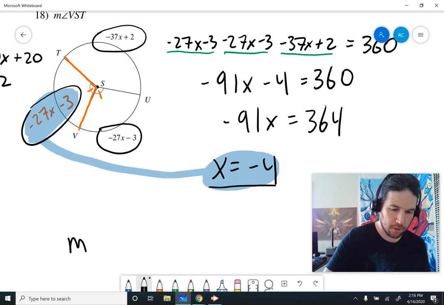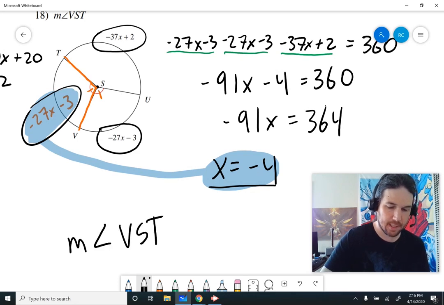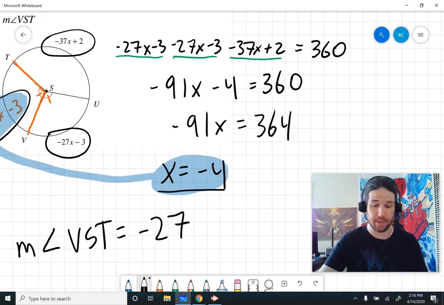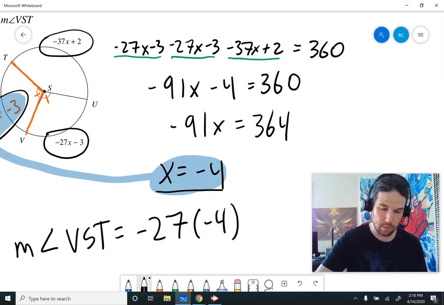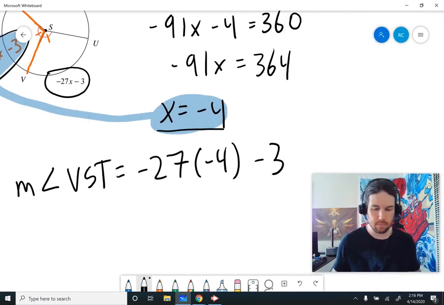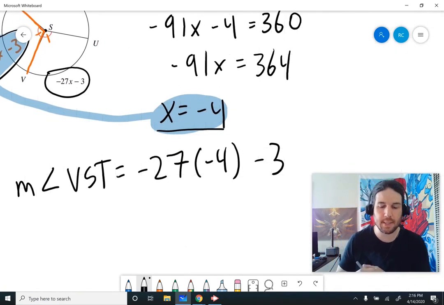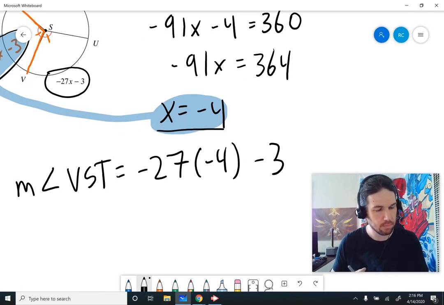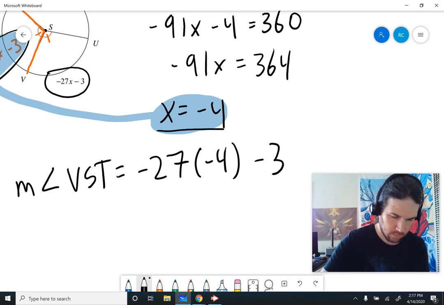So the measure of angle VST is negative 27x, but we now know that x is negative 4, minus 3. Hey Google, negative 27 times negative 4 minus 3. The answer is 105. 105 degrees.